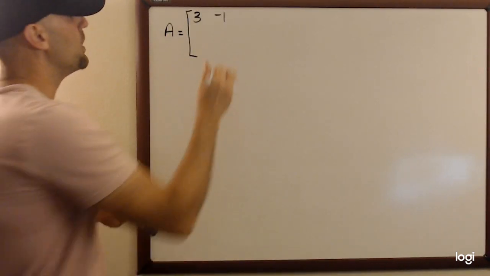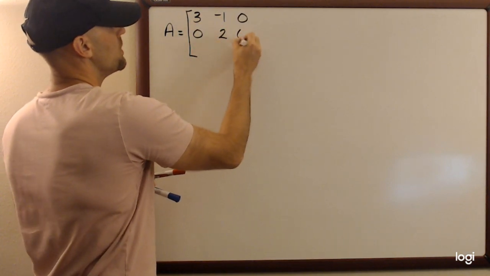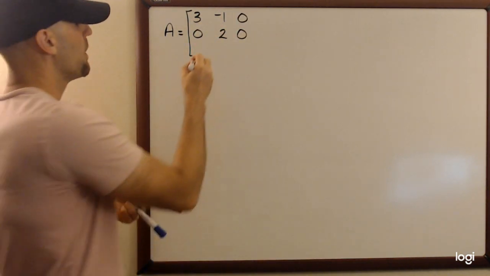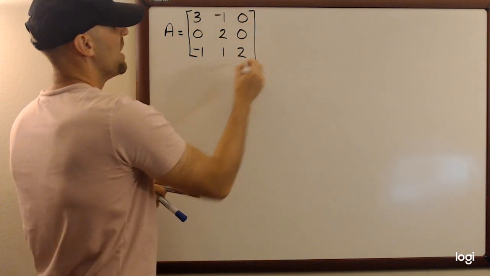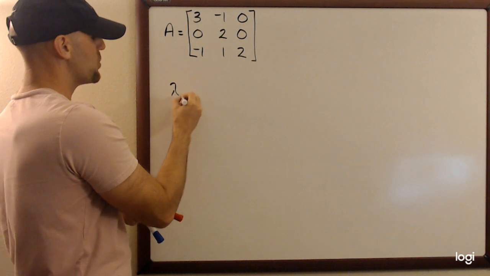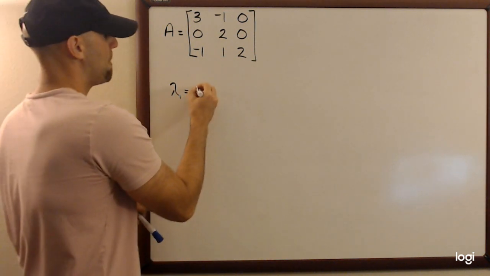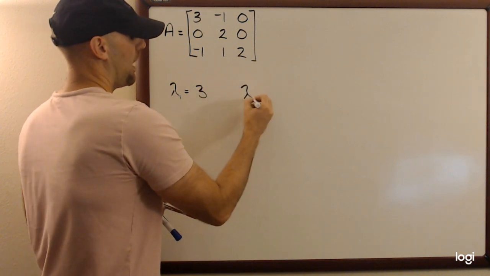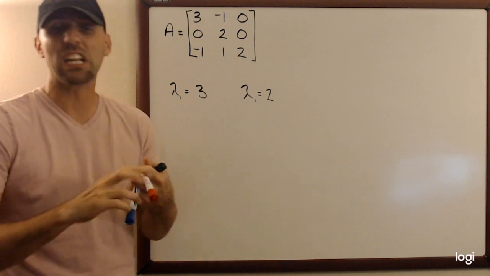The matrix was 3, -1, 0, 0, 2, 0, and -1, 1, 2. What we found was that there were 2 eigenvalues, specifically 3 and 2, but eigenvalue 2 we actually got twice.